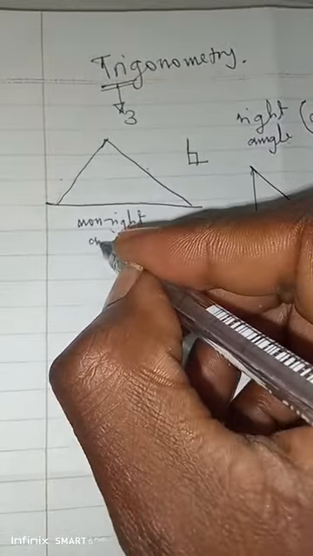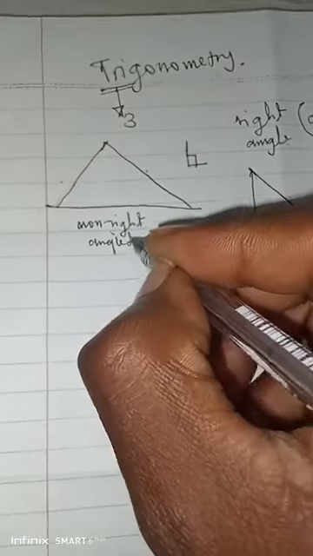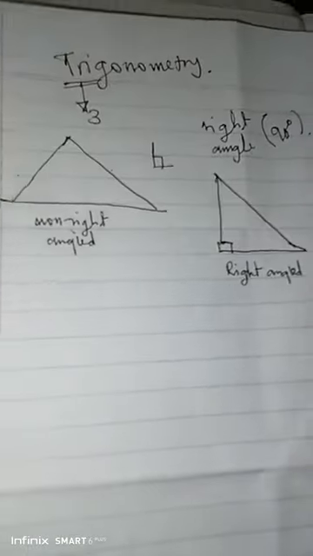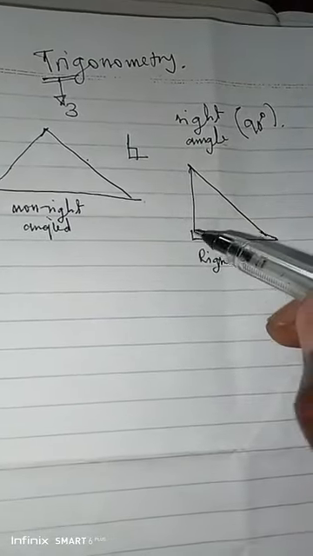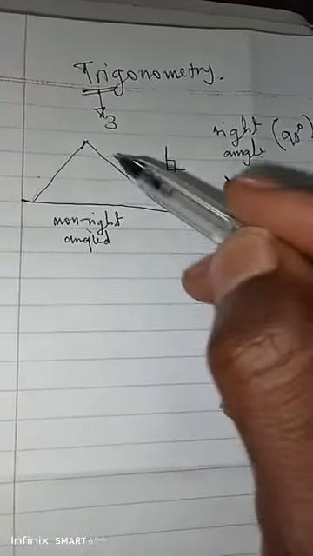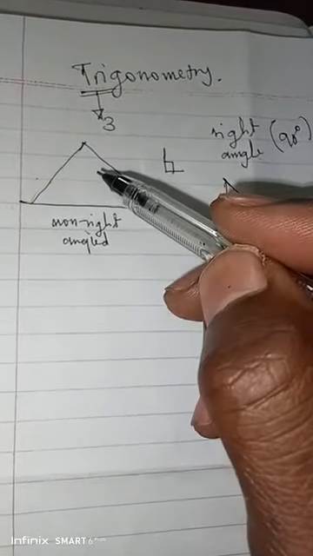It's non-right angled in the sense that it's not having any 90 degrees angle with it. So this is a right angled triangle. This is a non-right angled triangle.